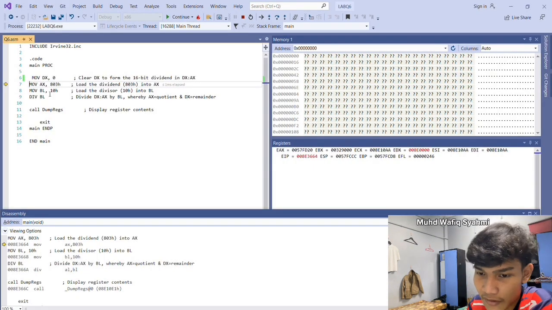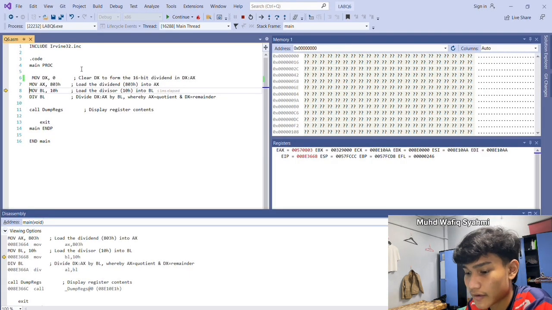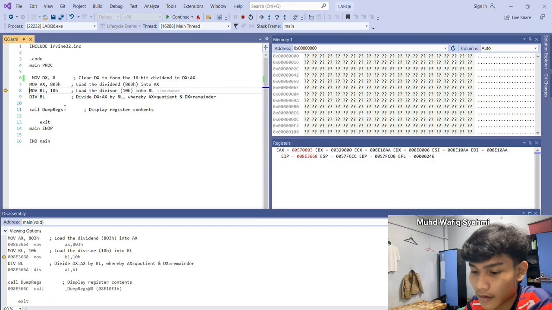Then we continue to line 3, which shows mov bl, 10h. This instruction loads the divisor into register bl, so bl equals 10h, and the decimal equivalent of 10h is 16. So the divisor is equal to 16.